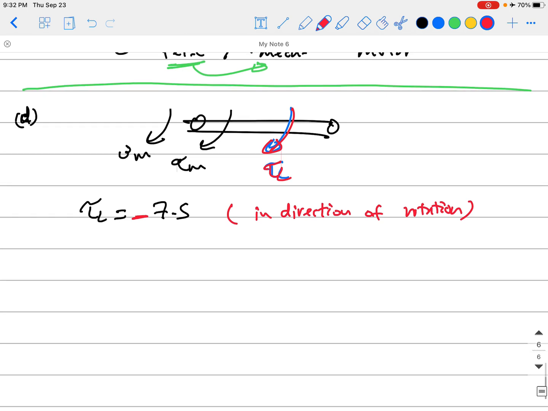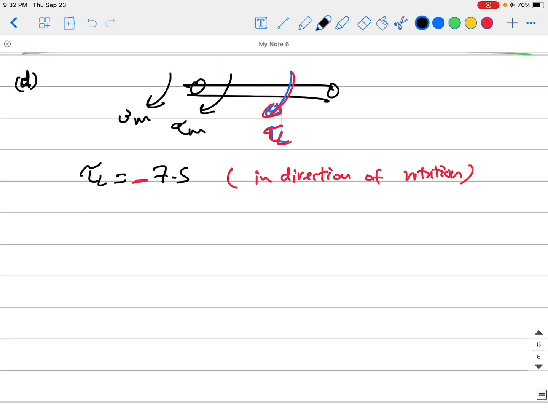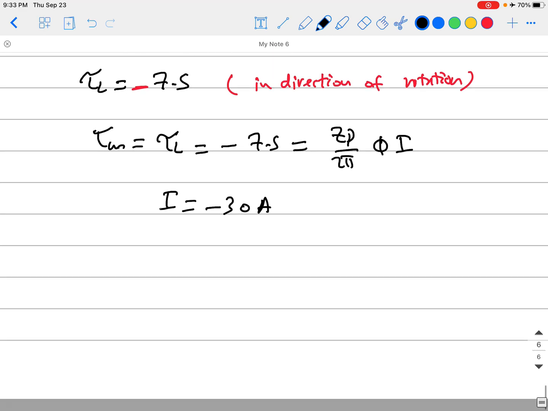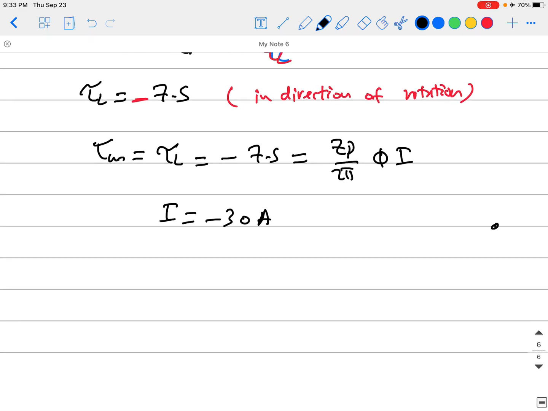Okay, so again the same idea. The mechanical torque, the motor torque, sorry, will equal the load torque, which equals minus 7.5, and this equals again Zp over 2 pi phi I. You know how to calculate everything here, just like before. You can find the current will equal minus 30 amps. What I mean by minus 30, if you go back to our circuit, it was like this.